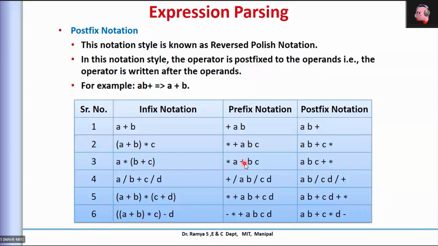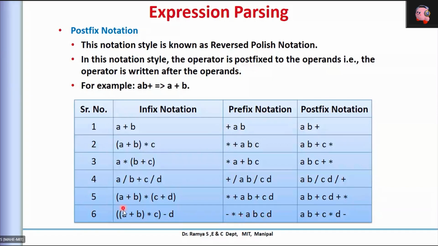So the operator can come in between the operands, but there are some rules on that, and we'll see them one by one. But remember, in all prefix notation, the first is nothing but an operator. Is it clear?